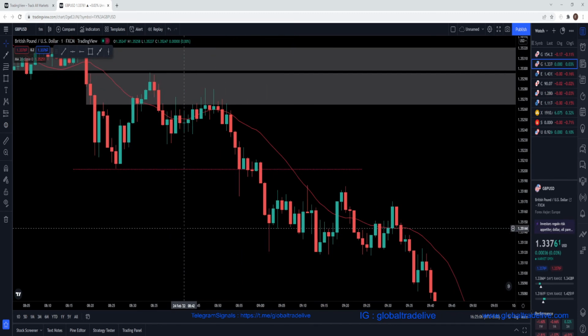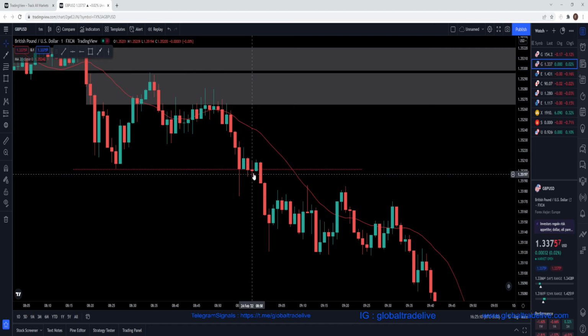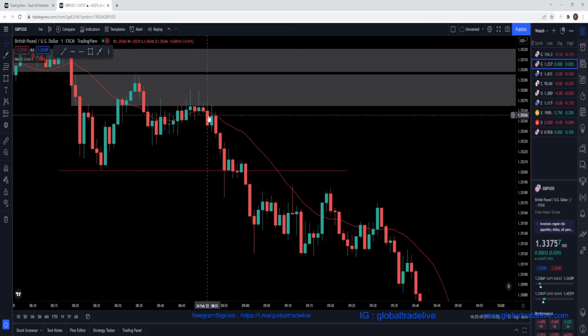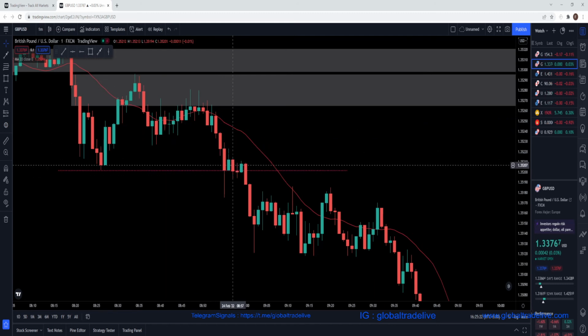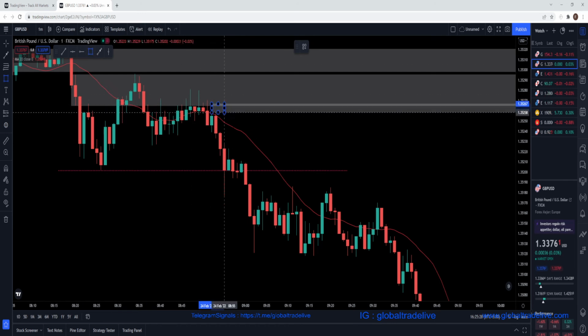Then what we need to do, we need to wait for the market to close below this POI, and this was the candle over here, right? So once that happens, over here, we need to find out another thing, right? So basically what happens over here is, this was the impulse move, then this should be the POI over here, right?